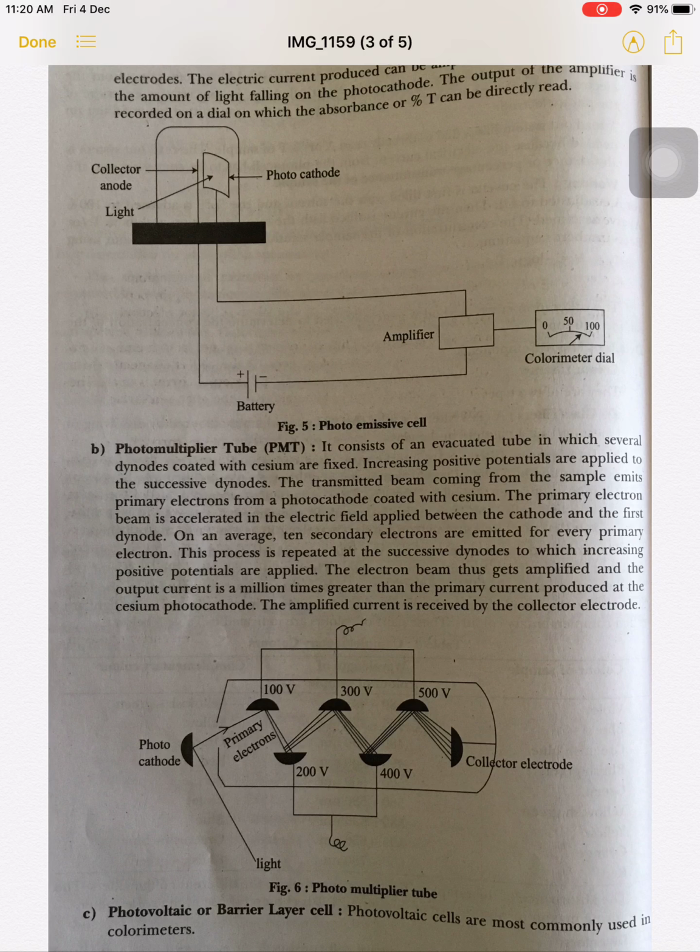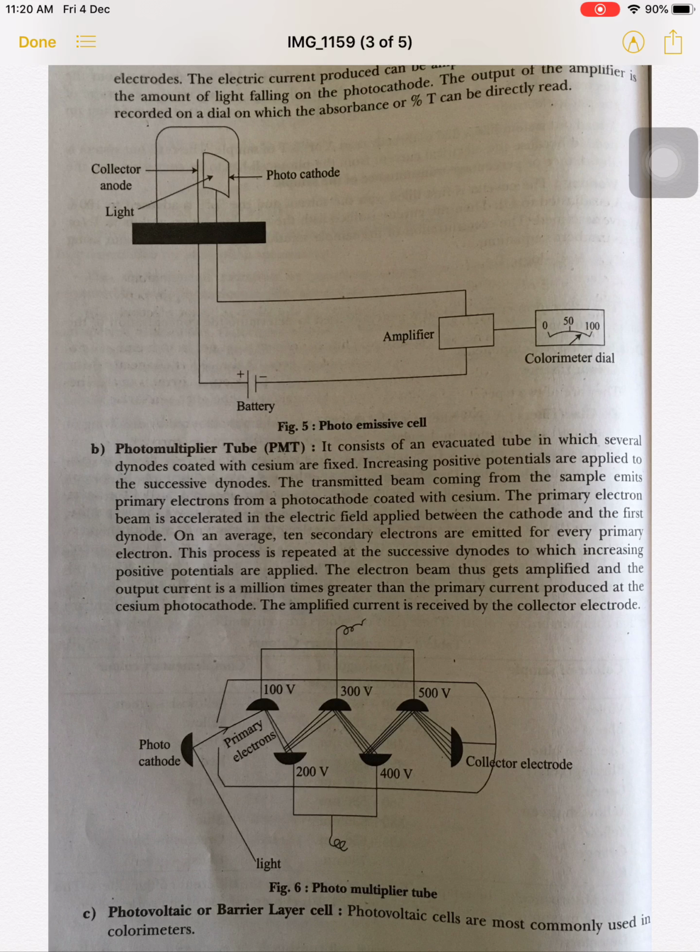So when a beam transmitted from the sample arrives, it emits primary electrons from a photocathode coated with cesium. At first, when the light comes from the sample or solvent, it emits primary electrons in the first diode, and then it goes on multiplying into secondary electrons.